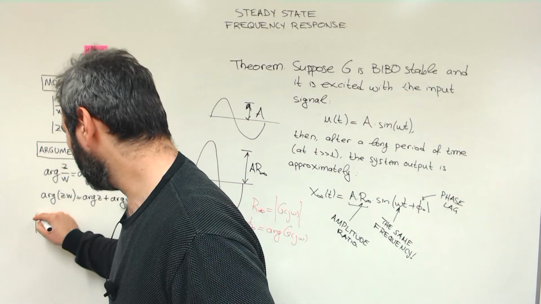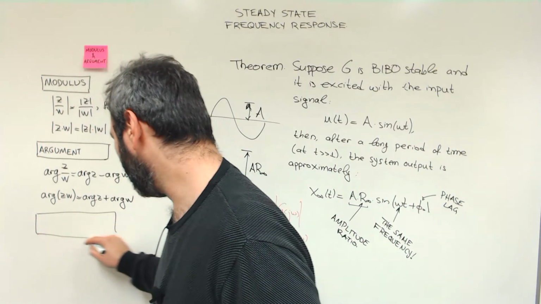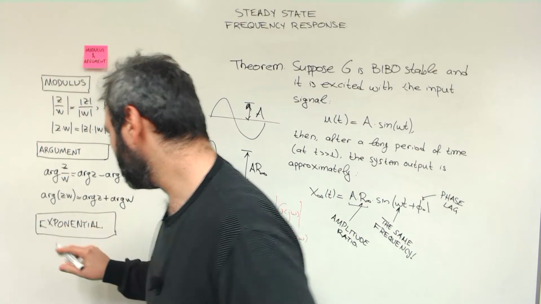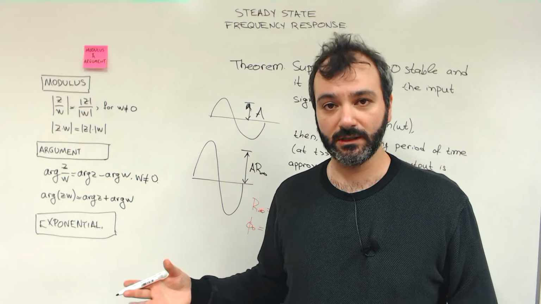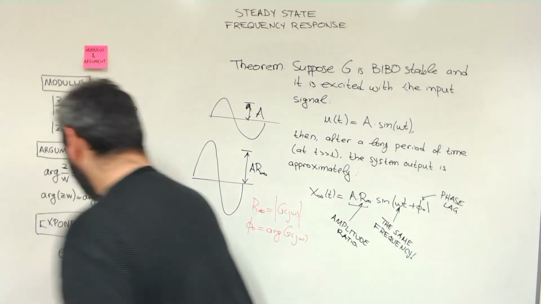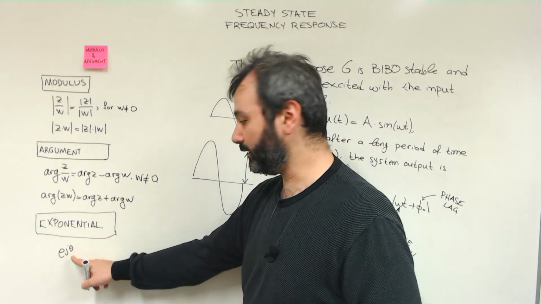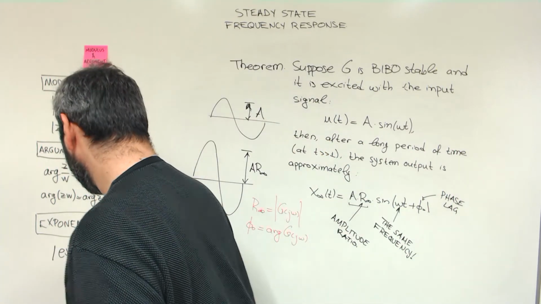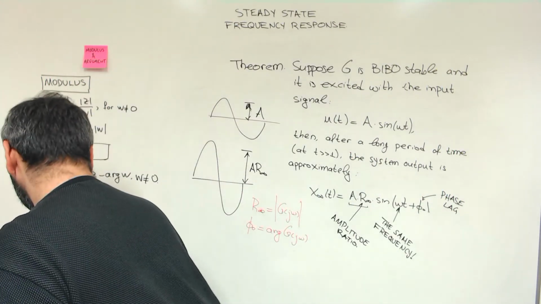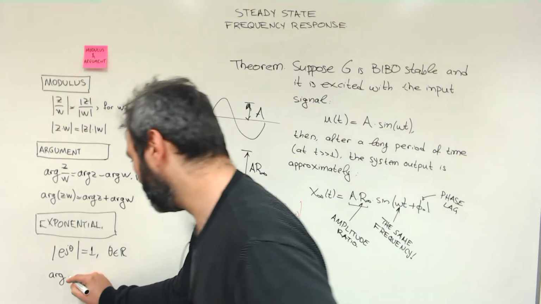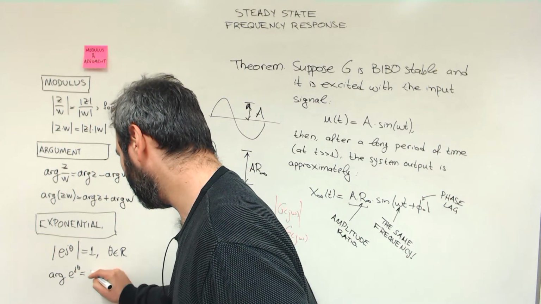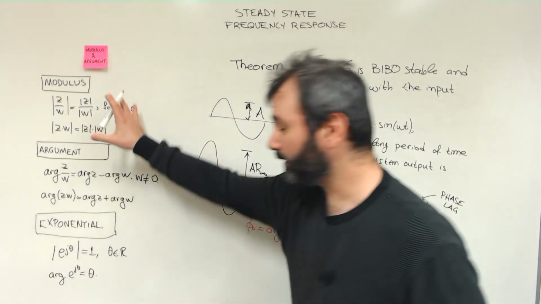Thirdly, let me remind you of some properties of the exponential of an imaginary number. If you have e to the j times theta, where theta is a real number, then this has a modulus equal to 1. And the argument of e to the j times theta is exactly equal to theta.